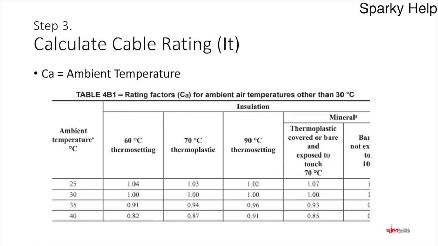The insulation will fail long before the conductor itself does. So that's the bit we're interested in. What is the actual cable insulation material around it? So there's the CA, which if you go to BS 7671, you'll find a bit more information than I've shown here.